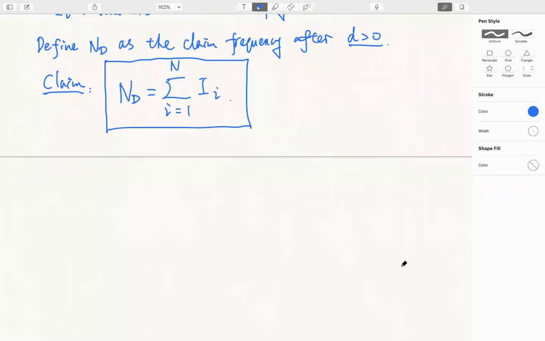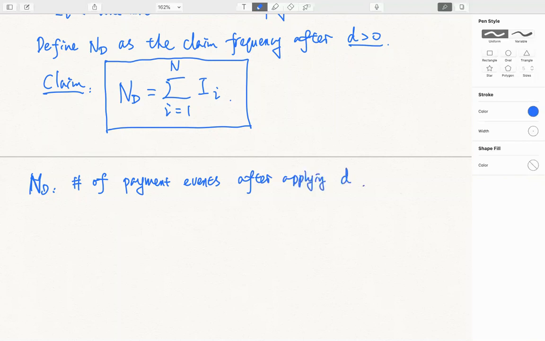Because here N_D is the number of payments or number of actual claims after applying deductible. So basically what this new N_D counts is the number of payment events after applying deductible D.